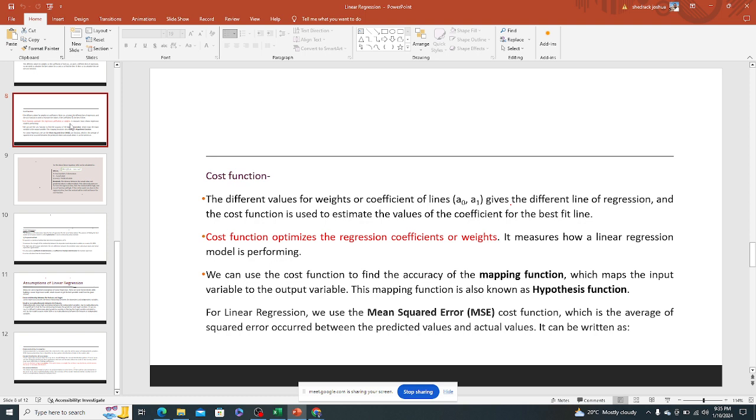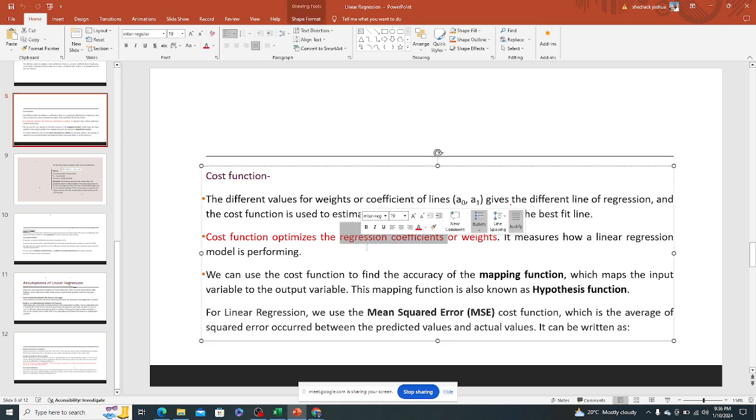Cost function optimizes the regression coefficients or weights. In this case, the cost function method will only optimize the weights of our regression equation. It won't optimize anything else, only the regression coefficients, meaning we are trying to get the best coefficients.